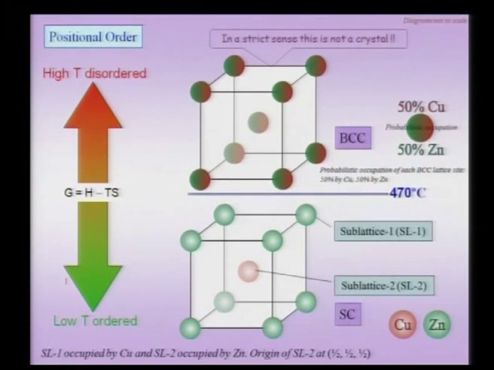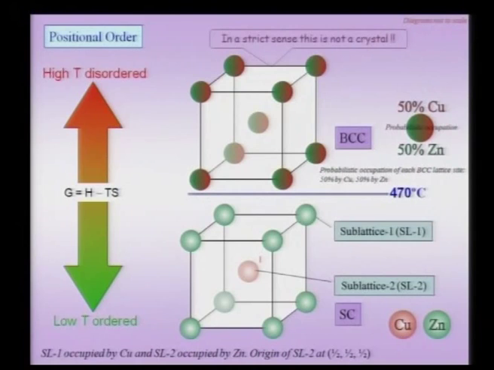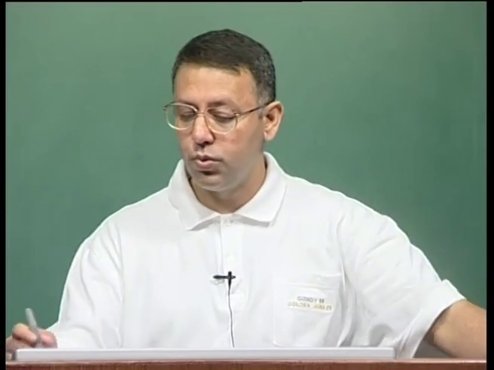We have to note that the properties of the system change when you have an ordered disordered transformation. That means that the ordered phase and the disordered phase are not the same phases. In fact, they have different crystal structures and all the properties would change, and that is why we need to be careful. I can't just work in terms of compositions, I have to work in terms of the exact crystal structure.